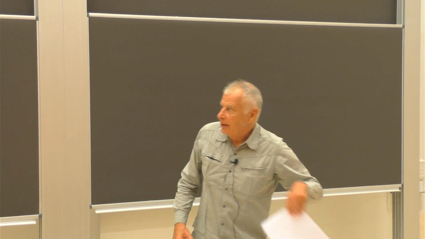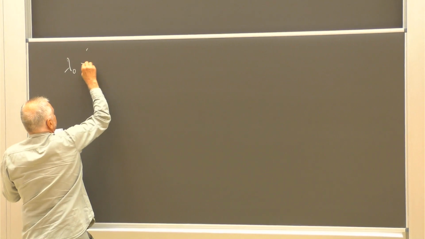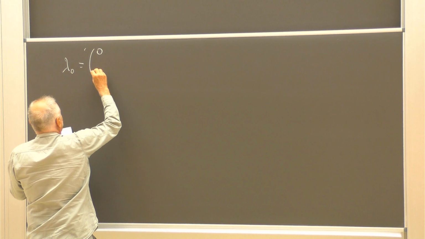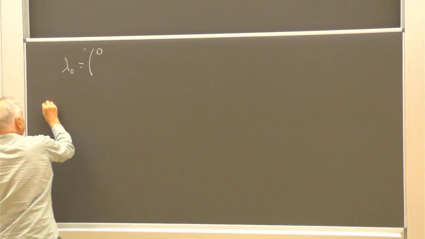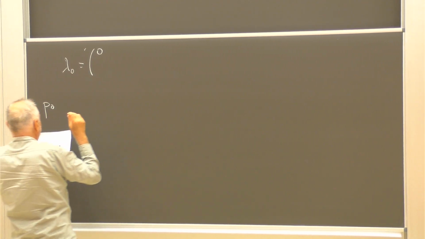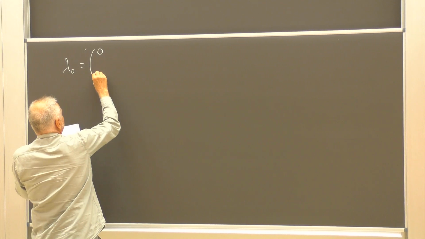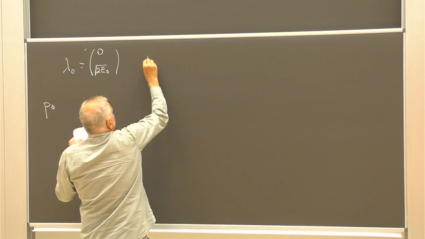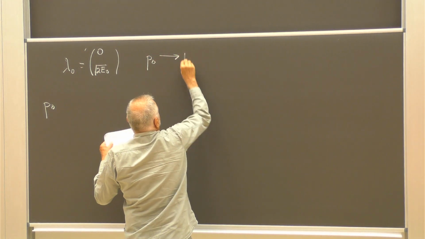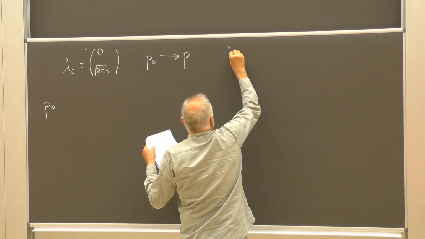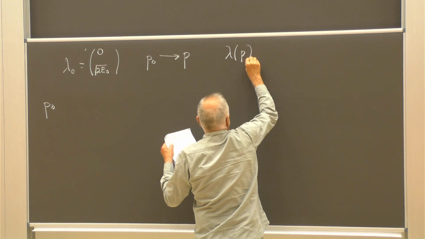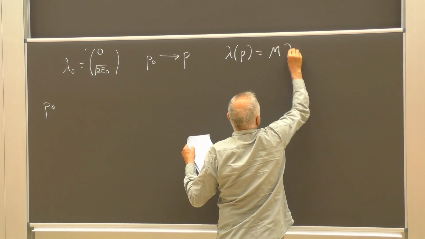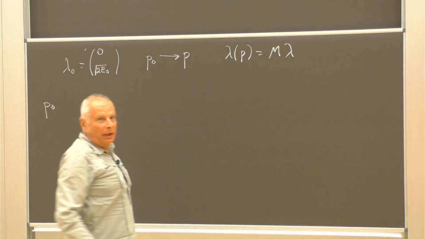I started from the solution of the Dirac equation in the frame in which the particle is moving with momentum p0 pointing in the z direction, and I transformed it to arbitrary momentum p, and this way I obtained a solution for arbitrary momentum.